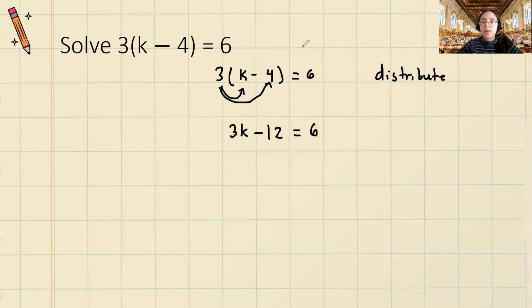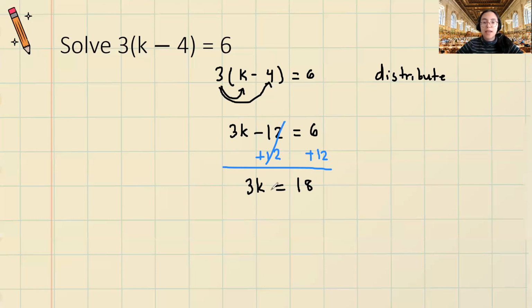Minus 12, or I'm going to subtract. No, I'm actually going to add because I have subtraction. So I'm going to add 12 to both sides. These will cancel, and I can bring down 3k is equal to, that's going to be 18. 6 plus 12 is 18.